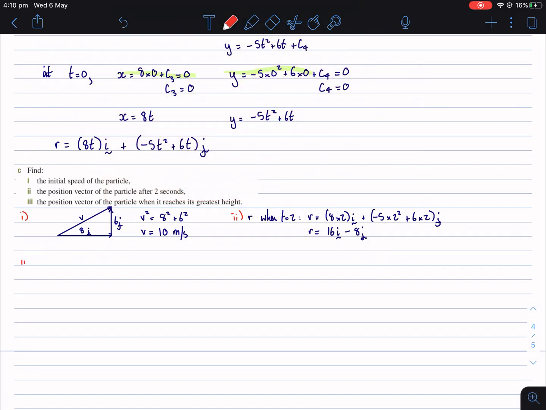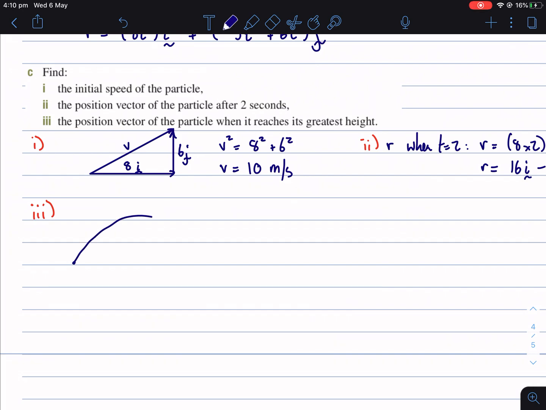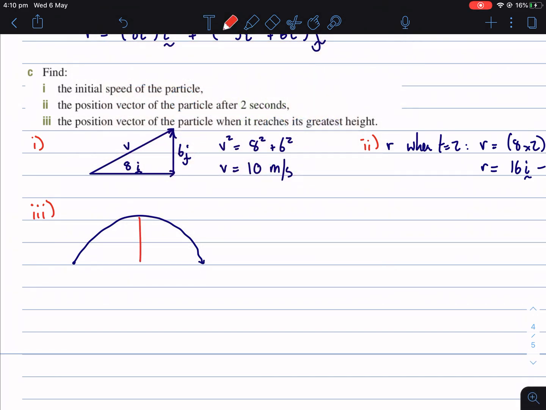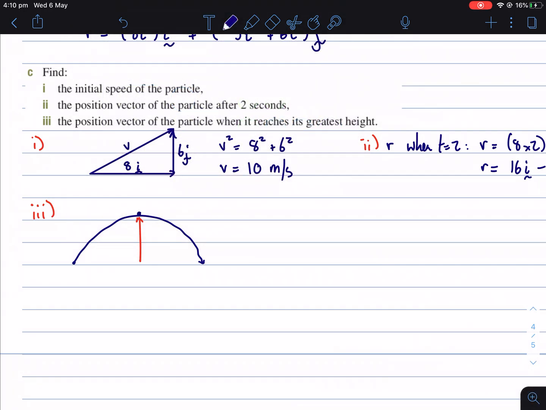And we want number 3, the position vector of the particle when it reaches its greatest height. So I'm just going to draw a little diagram. It's going up and down. Its greatest height is here. And that point is when the y component of the velocity, we're stopping going up and starting going down, is exactly 0.